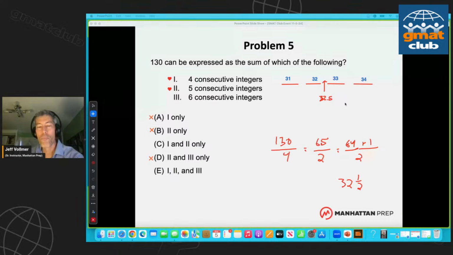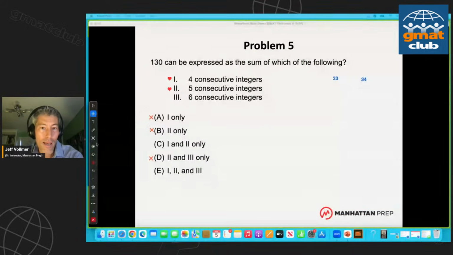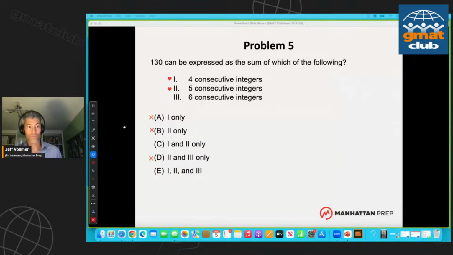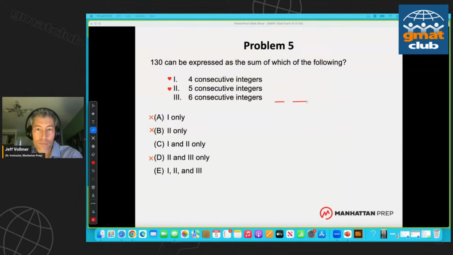That seems like more work to me than thinking about it this way: if the sum were 130 of 6 consecutive integers, what would the average be? And does that work as a median? Oof, dashes need some help with uniformity themselves. All right.